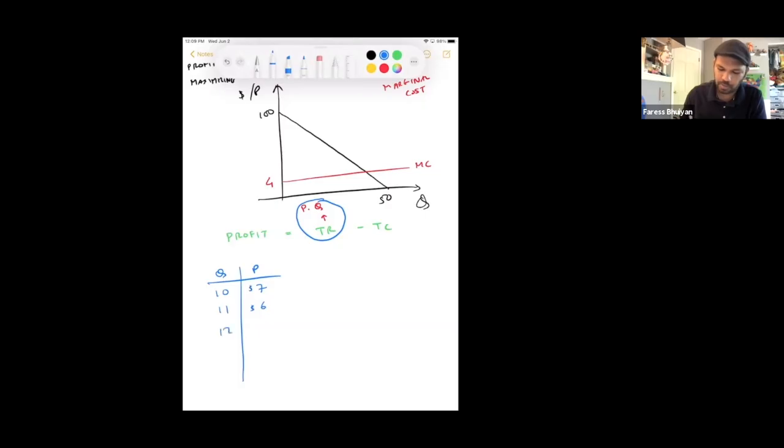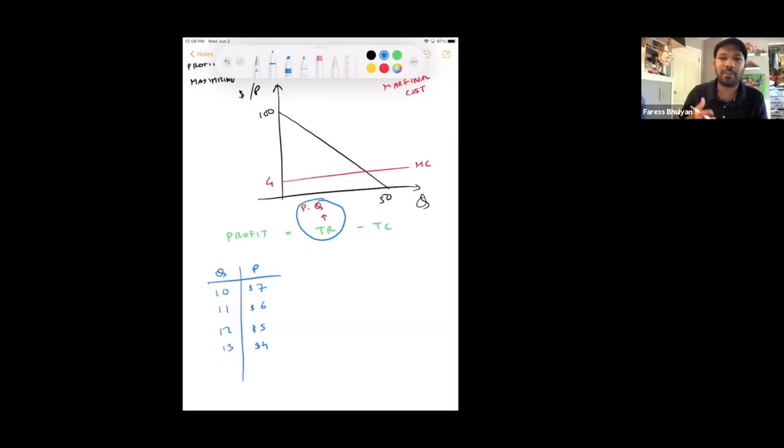When they try to sell 12 quantities, every time they try to sell more, they end up charging a lower price. They don't have an option. They're a single price monopoly. This one is say 5. I made these numbers up. These are not connected to the demand curve. Usually they will come from the demand curve. They don't come out of thin air. I'm choosing smaller numbers to make our life easy. And then the last one, 4, and you could go on and on.